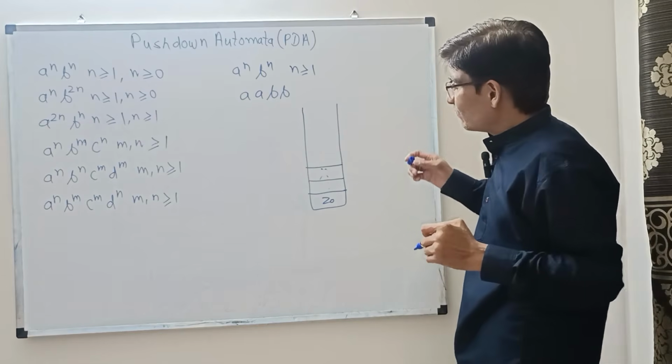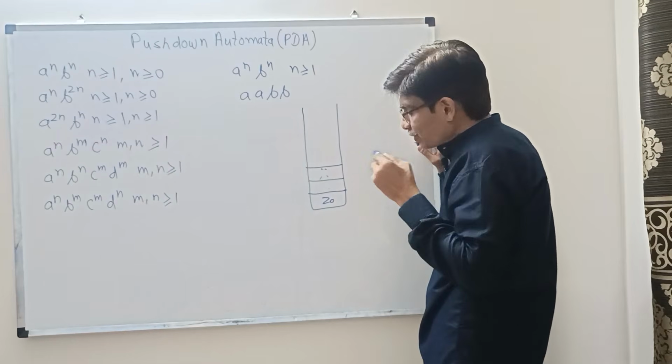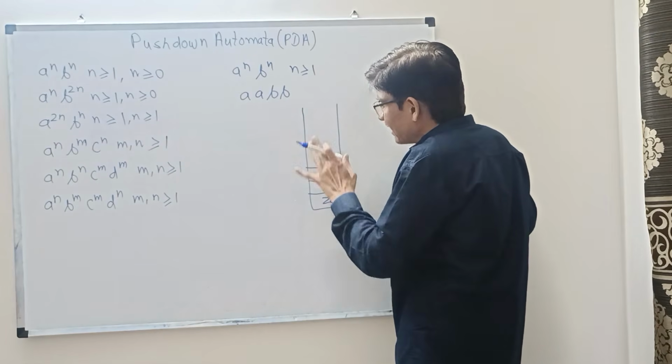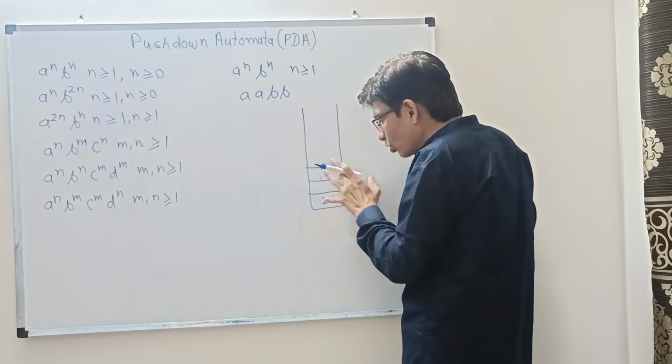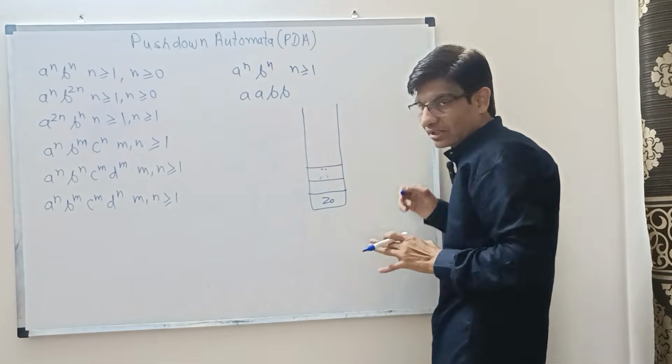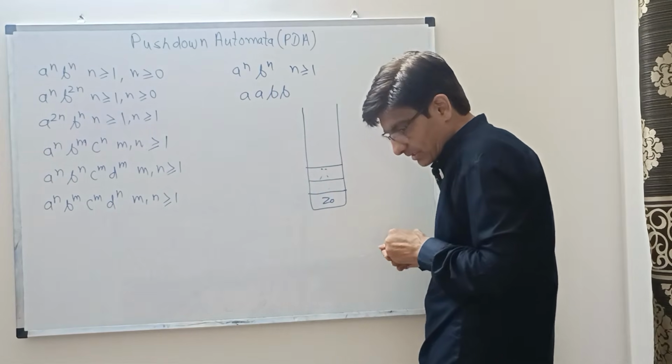In this way, we will ensure the number of a and the number of b are the same. So this would be the idea, and now we will make the transitions according to this idea for that particular language.